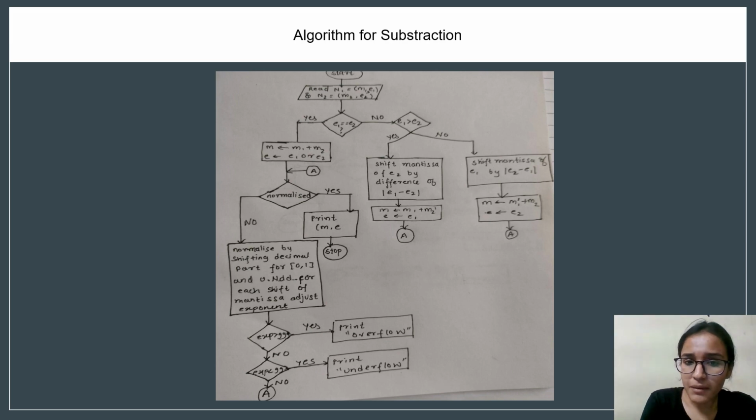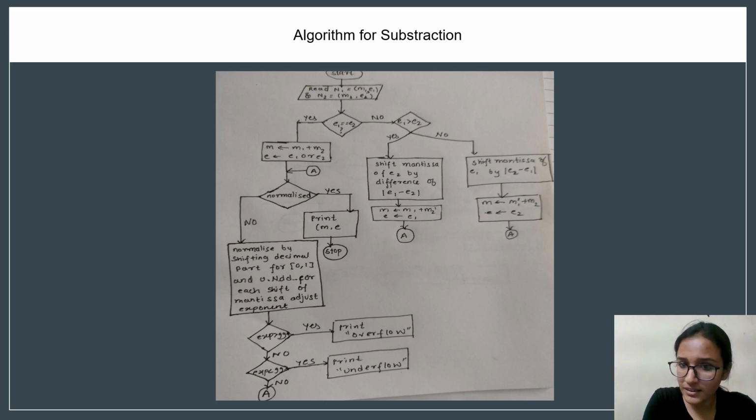And if the exponential parts are not equal, then we will check which of them has the greater exponent. The one having the greater exponent, we will shift the mantissa of the smaller exponent by the difference of both the exponent values.